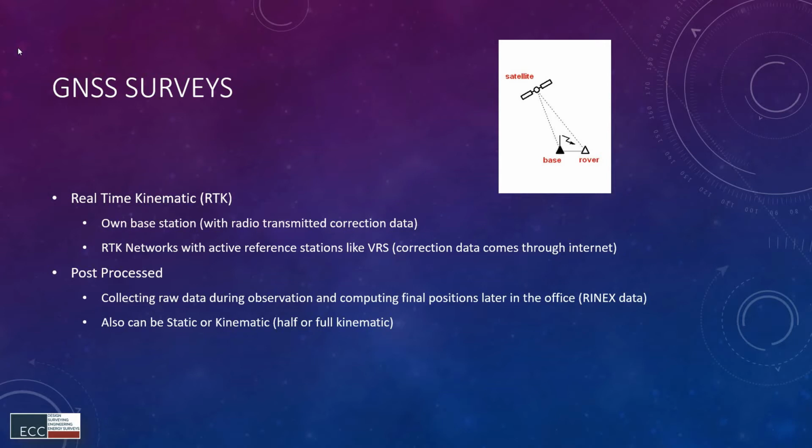For VRS, the main thing is that they generate a virtual reference point nearby your location, I think within 4 kilometers or so. Some older receivers can only use a closer base. I think there is a special 2 kilometer virtual reference point if you can choose it in the broadcast format.